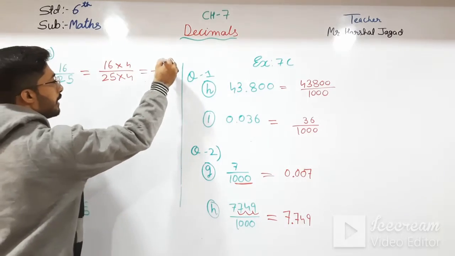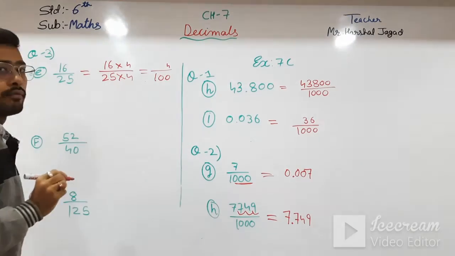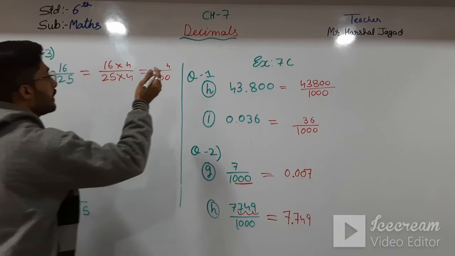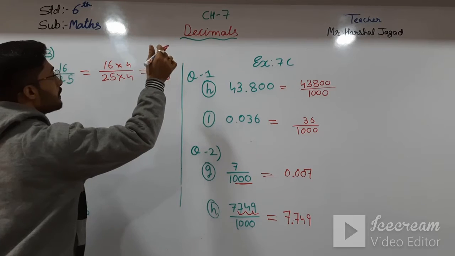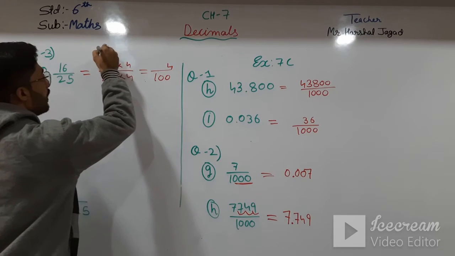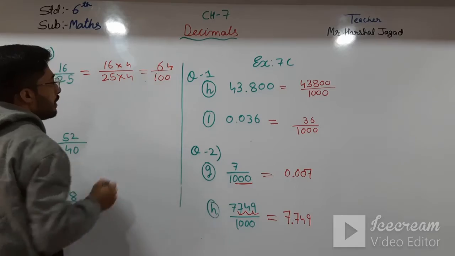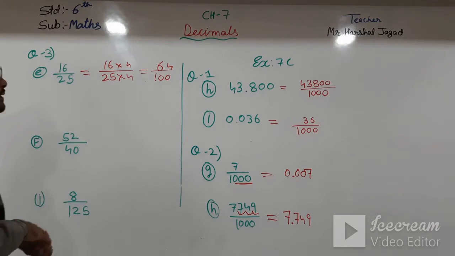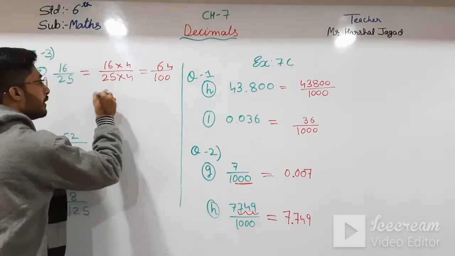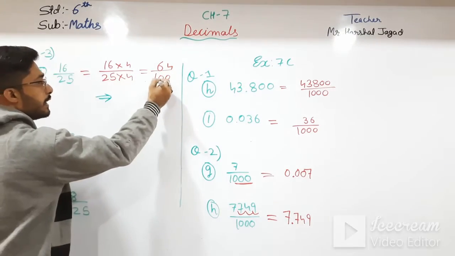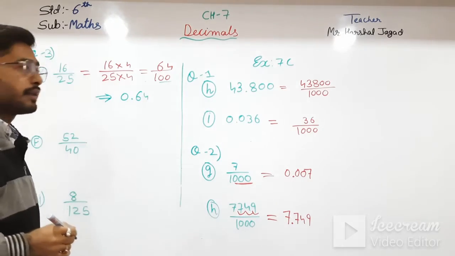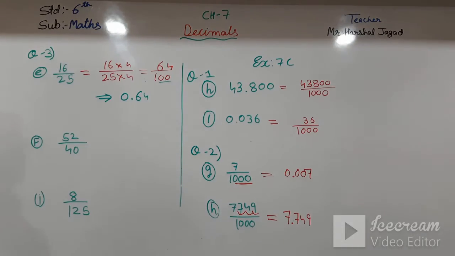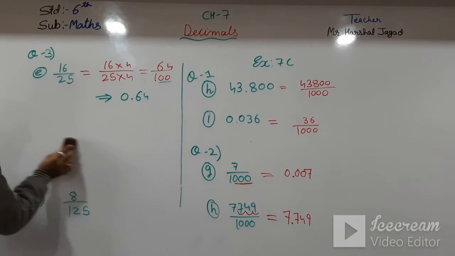Then 6 4s are 24, and 4 1s are 4, plus 2 is 64. So our answer is 64 upon 100. Here there are 2 digits, so it is 0.64.